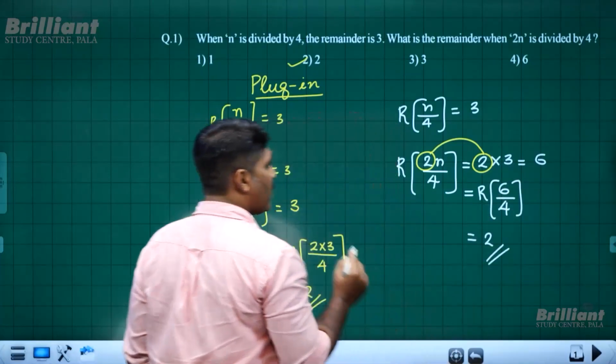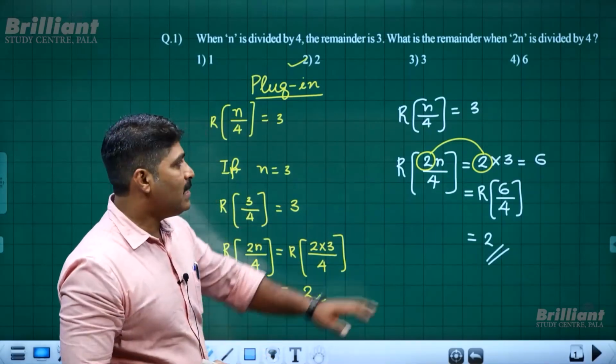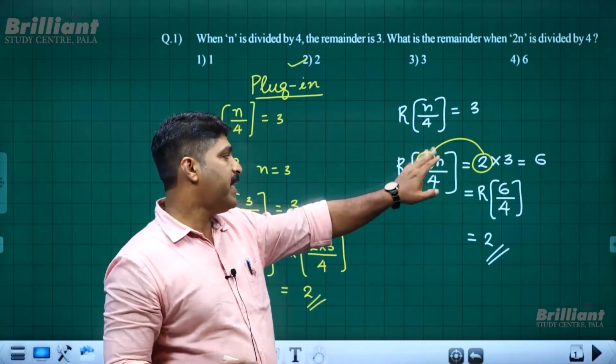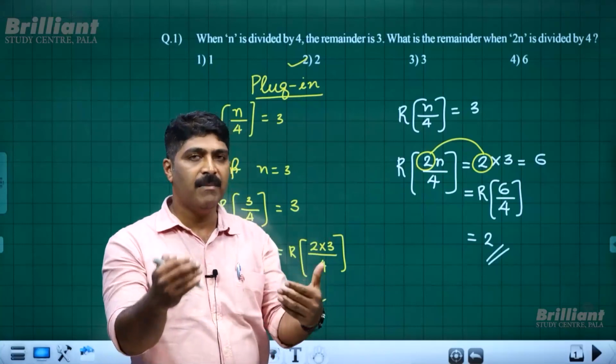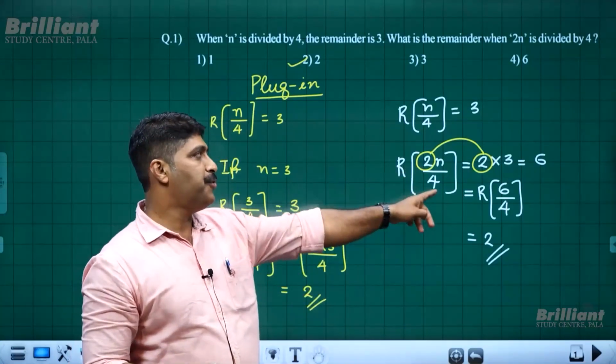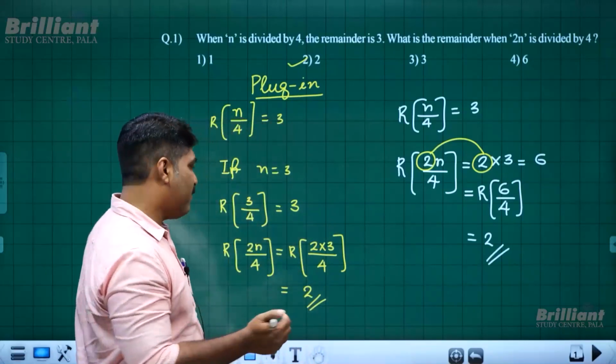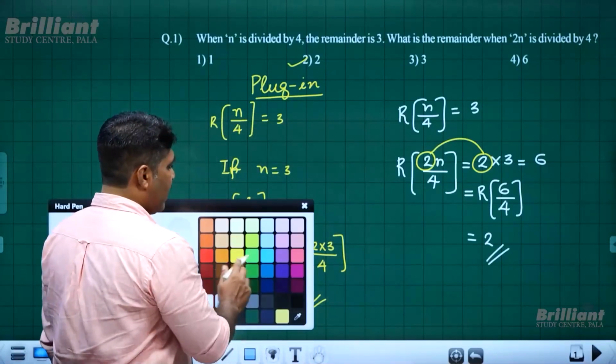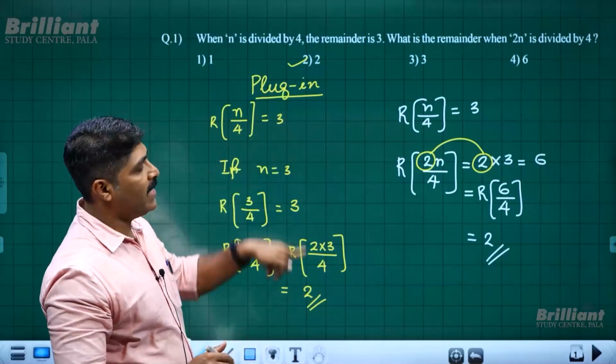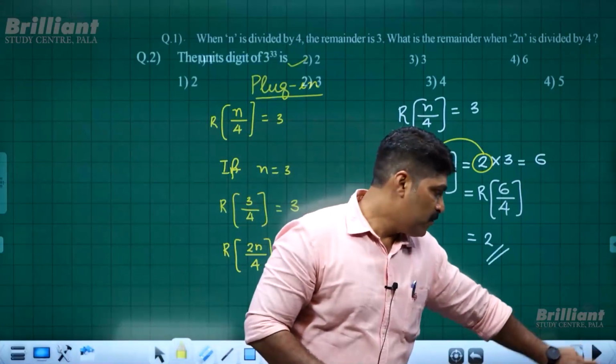That is our required remainder. So this is the concept here: if you multiply the dividend, the number itself, by 2, the remainder is also multiplied by the same number. That's the basic idea. At the same time, we can catch similar questions through plug-in methods. We can move to the second question.